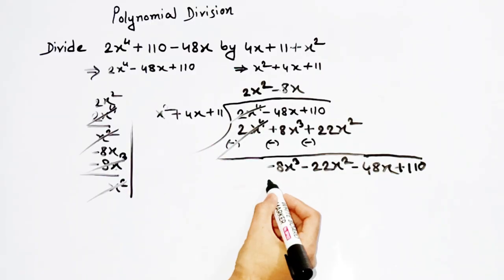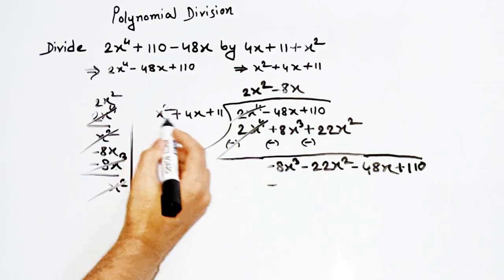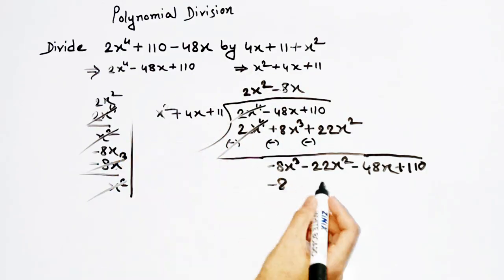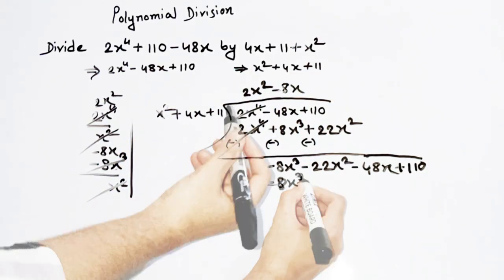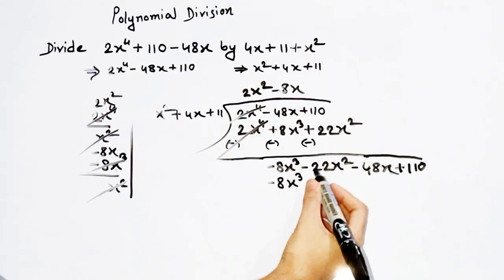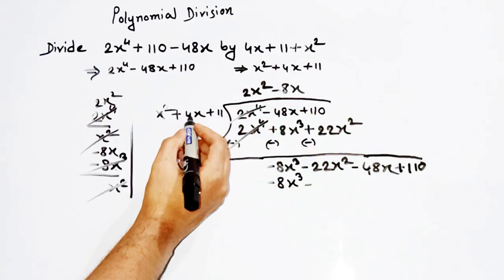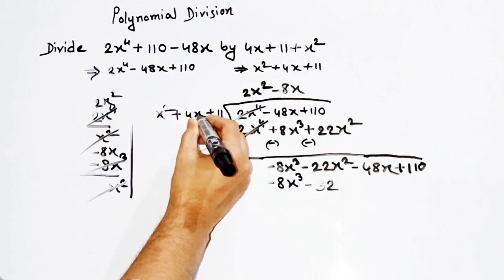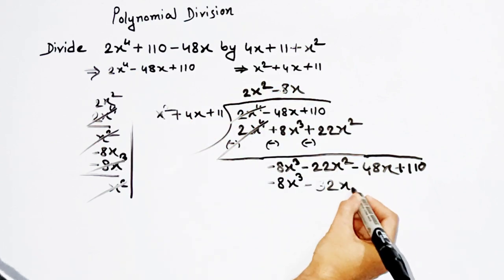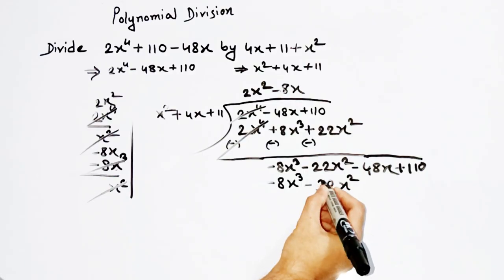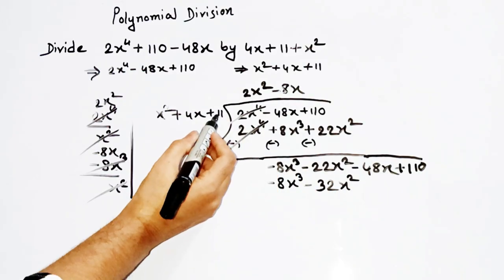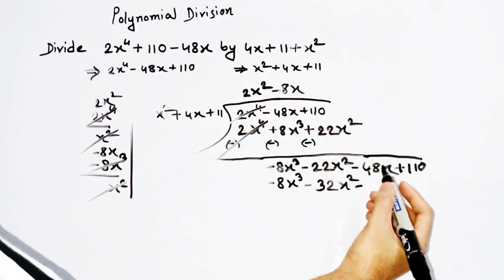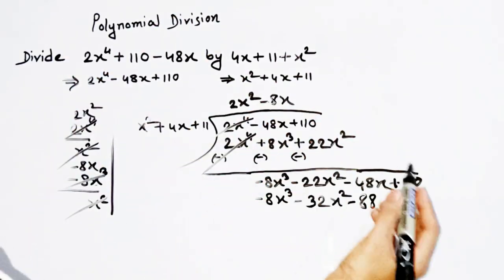Negative and positive, negative. 8 times 1 is 8, x and x square equals x cube. Now multiply this term. Plus and minus, minus. 8 times 4 equals 32, x times x equals x square. Now we have left positive 11. 11 times 8 equals 88 x.